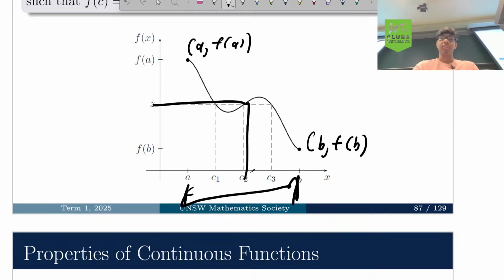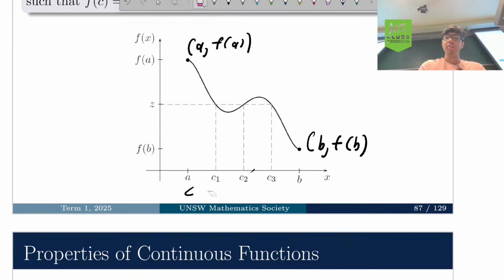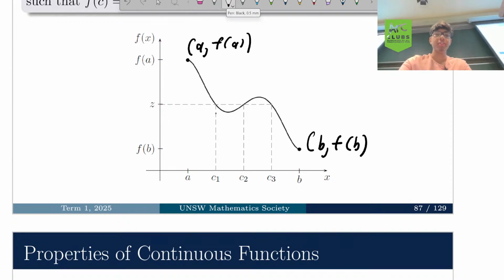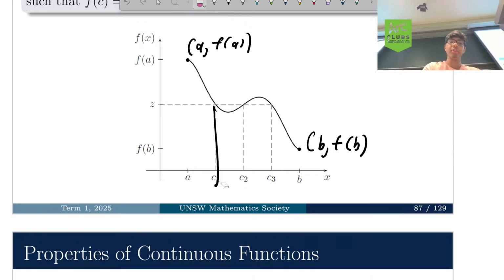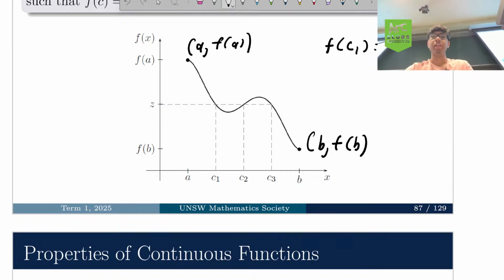Okay, let's see that in action. Here I can see that for this z value, there are 3 points where the function equals the value I'm thinking about. Those are f of c1, f of c2, and f of c3. So f of c1 equals z, f of c2 equals z, and f of c3 equals z.